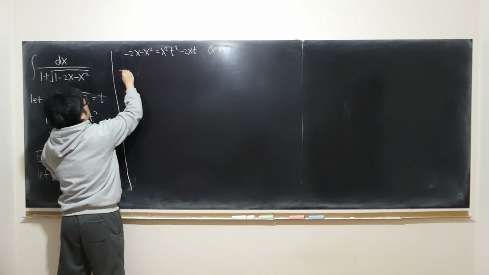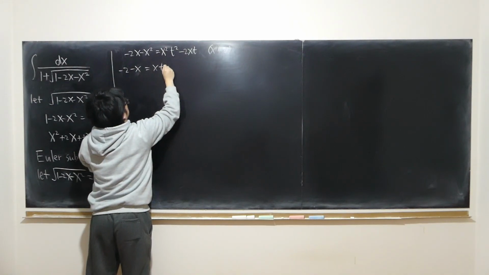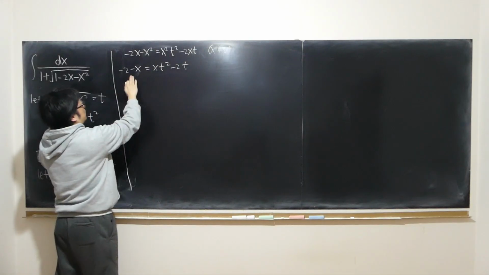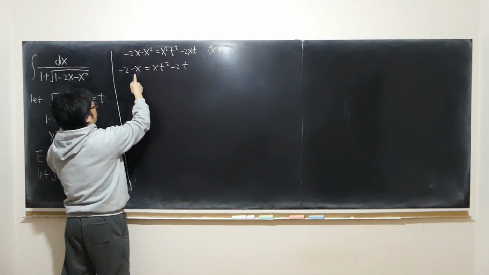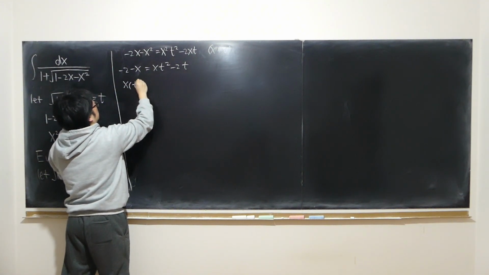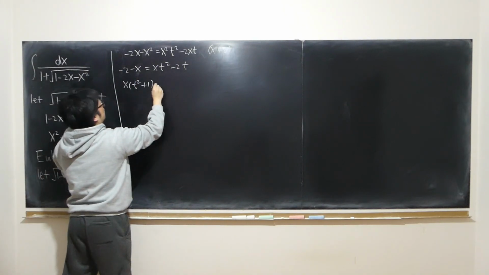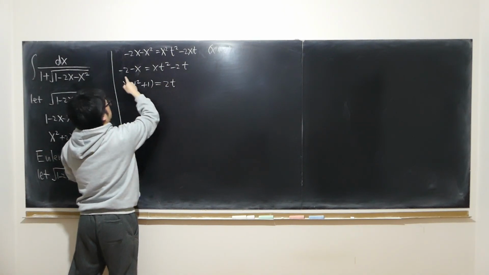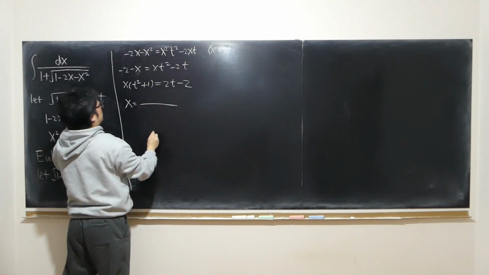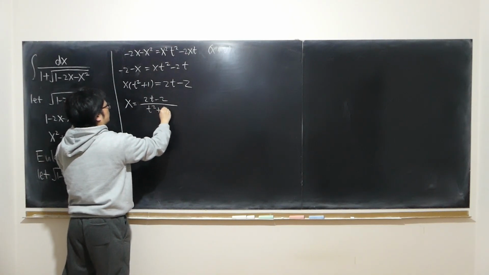So negative 2 minus x equals x times t squared minus 2t. Move this term to this side, x becomes a common factor: x times t squared plus 1. Move this term to this side: 2t minus 2. So x equals 2t minus 2 over t squared plus 1.